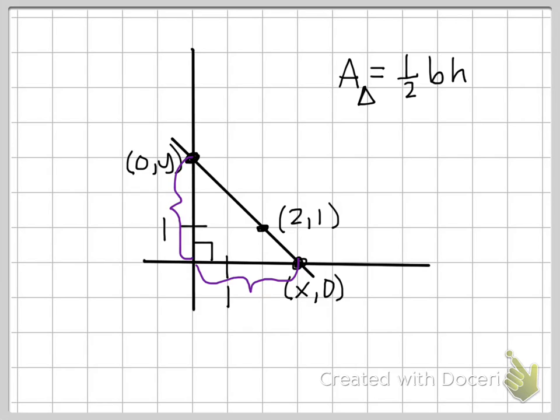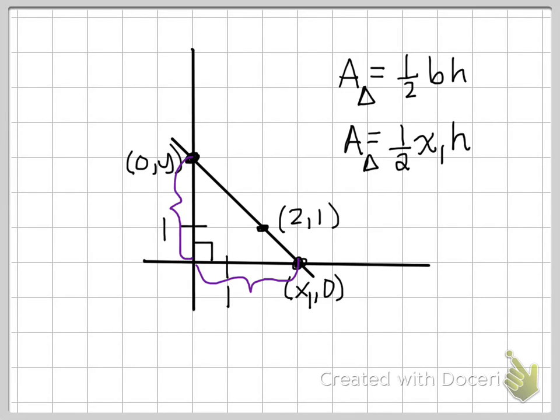Therefore, the area of the triangle is equal to 1/2 times x, whatever this x is. Let's call this x1, and we'll see why I want to do that later on. And then we want to go times the height.